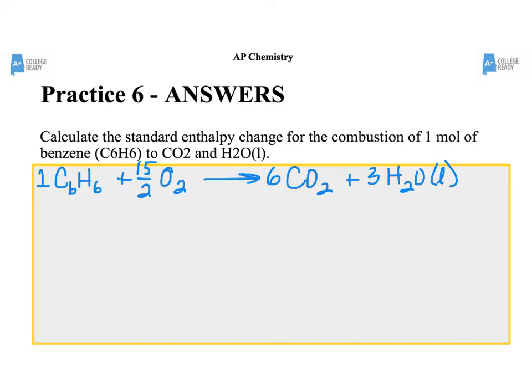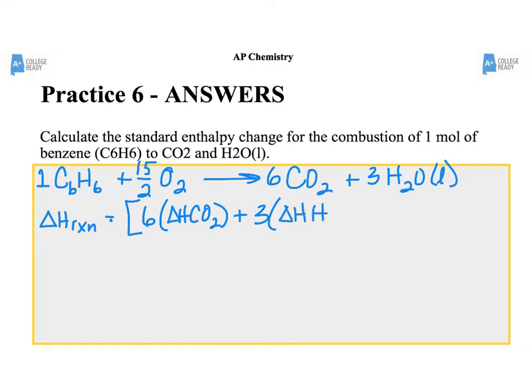Now we're just going to plug that stuff into the enthalpy calculation. So the enthalpy of the reaction is equal to, let's start with the products, 6 times the enthalpy of carbon dioxide plus 3 times the enthalpy of formation of the water.